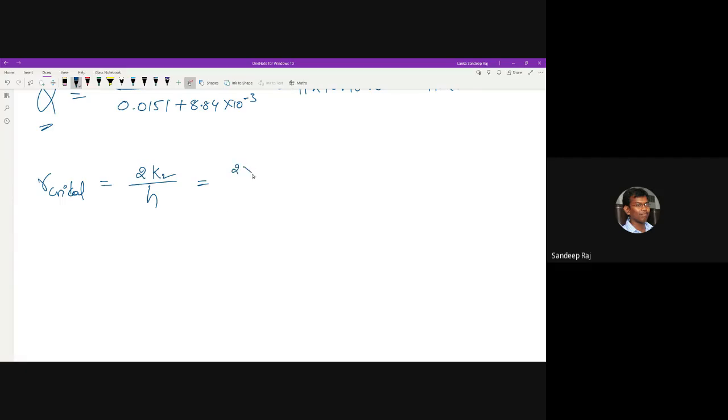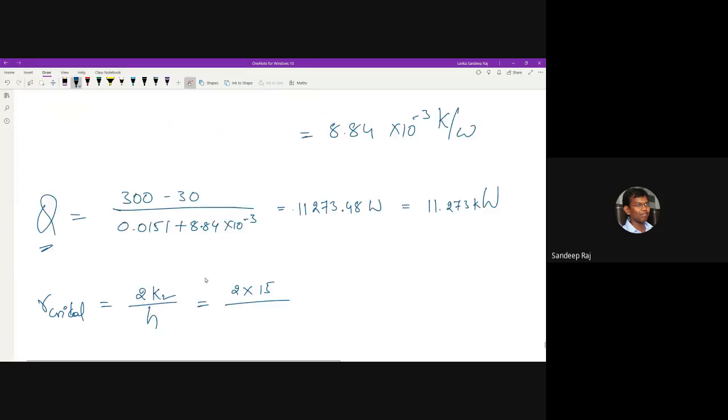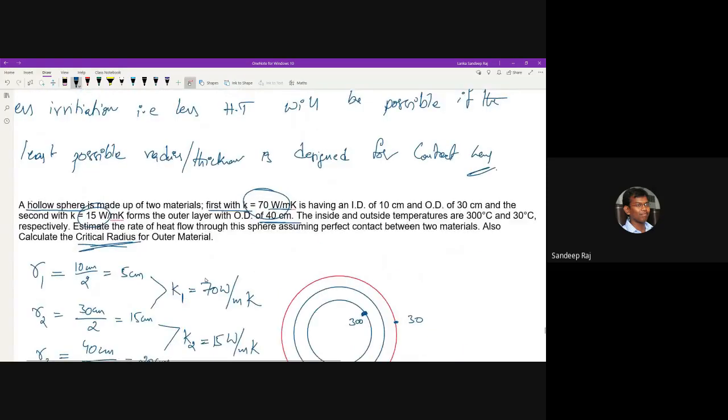The K2 value is 15, given in the question. And is the h value given in the question? The h value is not given in the question.